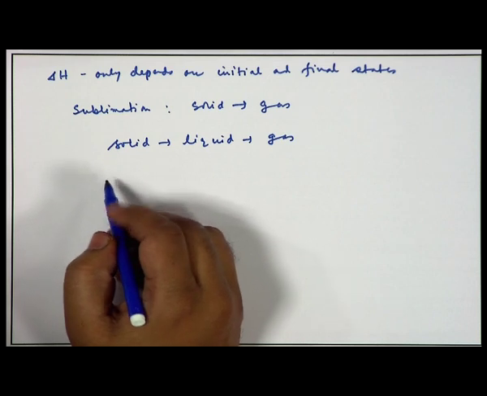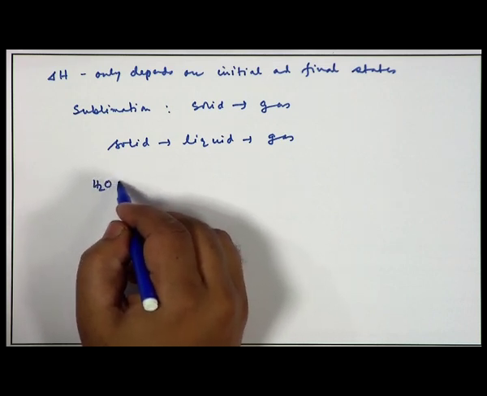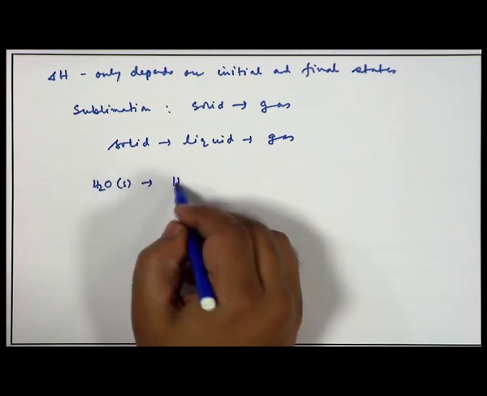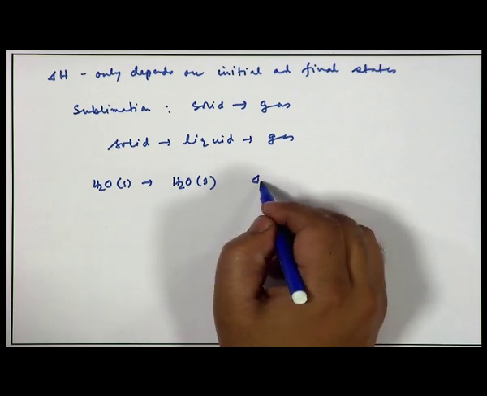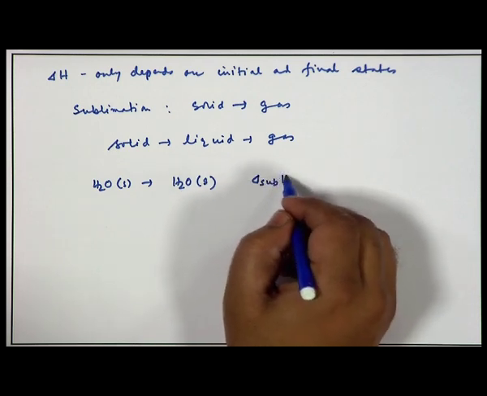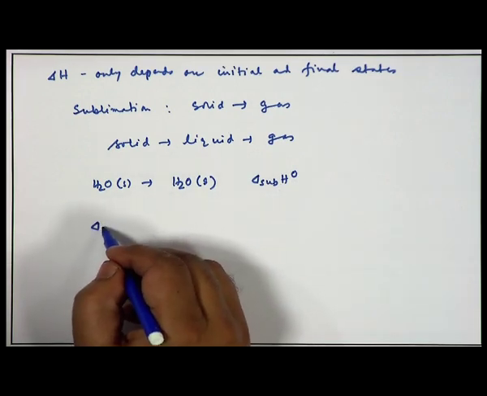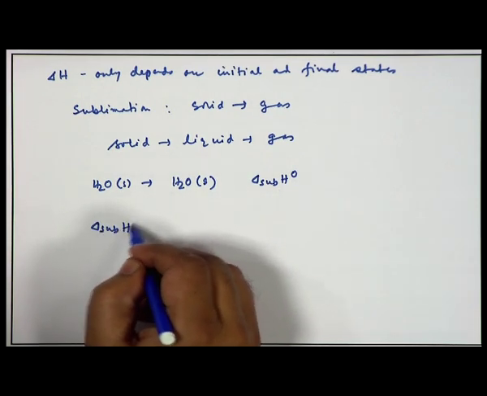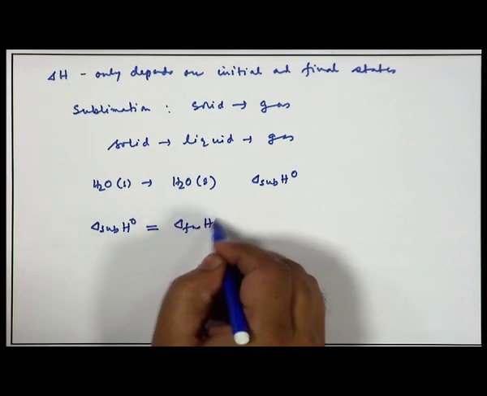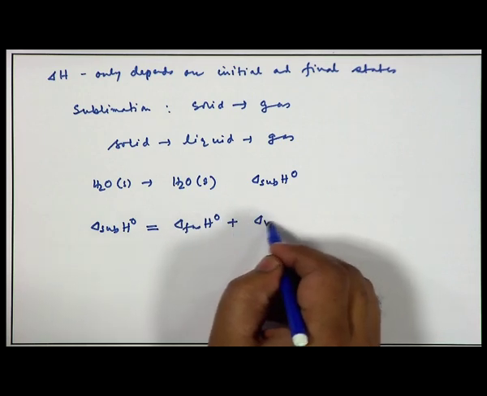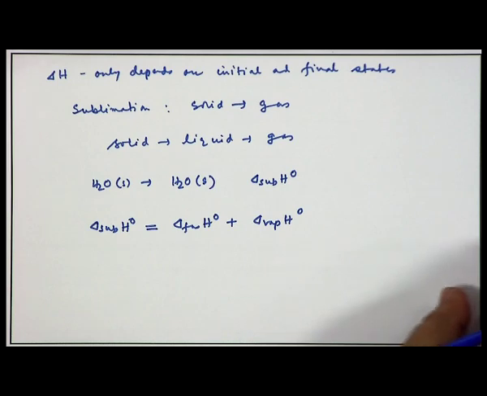So, in case of water, solid to H2O gas is your sublimation, with corresponding delta H reaction would be delta H 0. So, we can break into 2 steps. We can write delta H sublimation is equal to delta H fusion plus delta H vaporization.